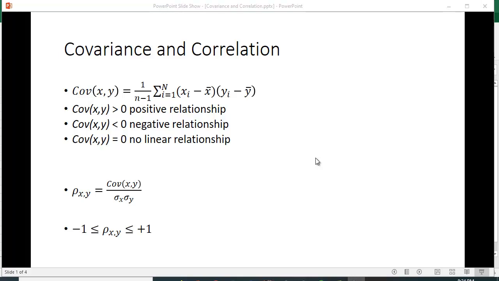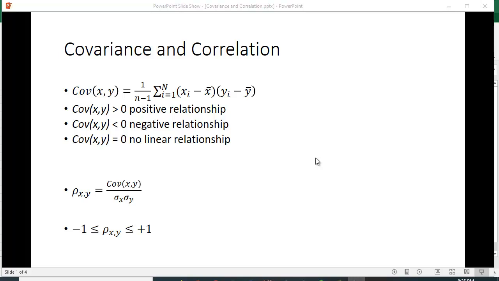The problem with covariance is that, for example, if you were looking at two sets of variables, a and b, and c and d, and a and b had a covariance of 10, and c and d had a covariance of 100, you couldn't say that c and d were 10 times more strongly related or more positively related than a and b.